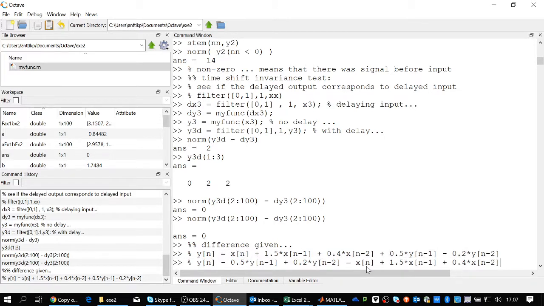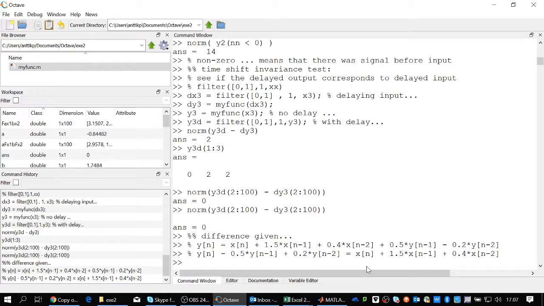Now it's quite straightforward to define what the B's and A's are. So A, the first is the multiplying factor for y of n. Second one is for the first order delay, and then the third one is for the second order delay.